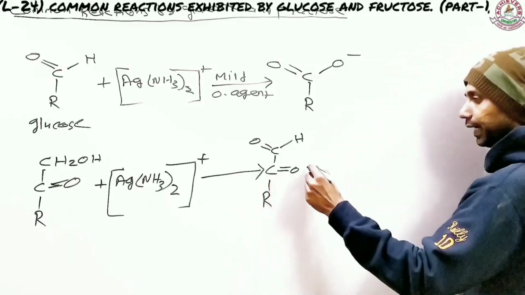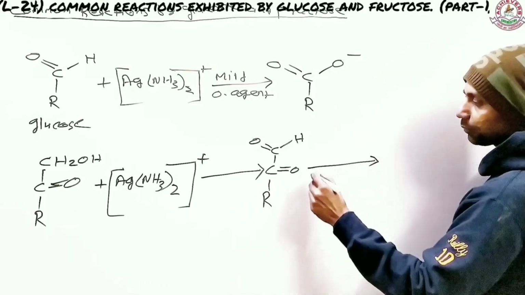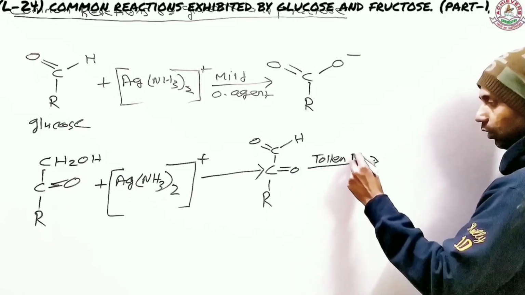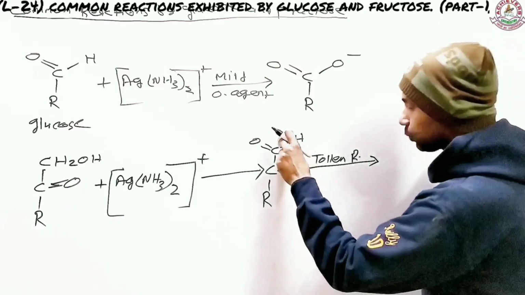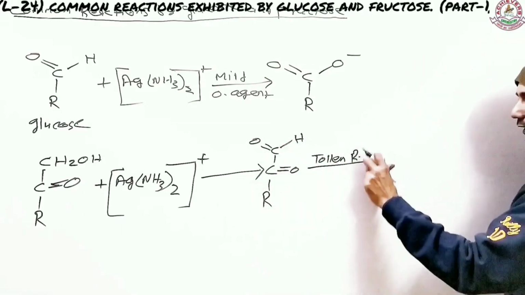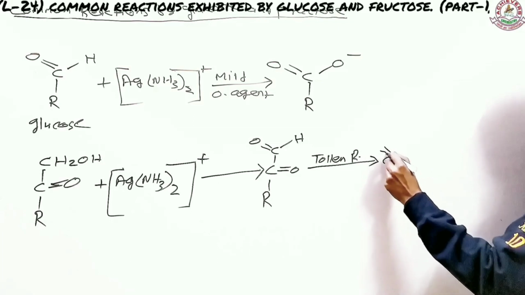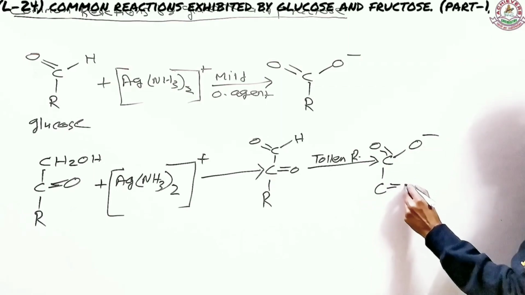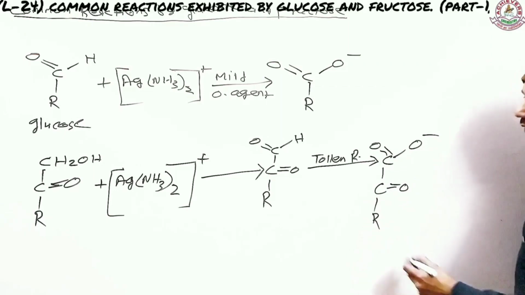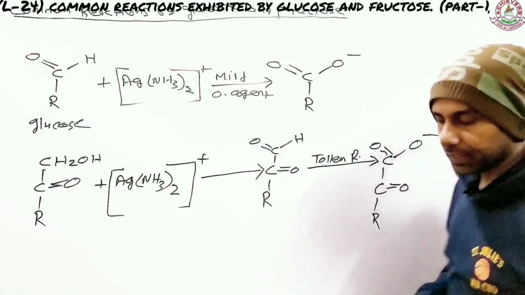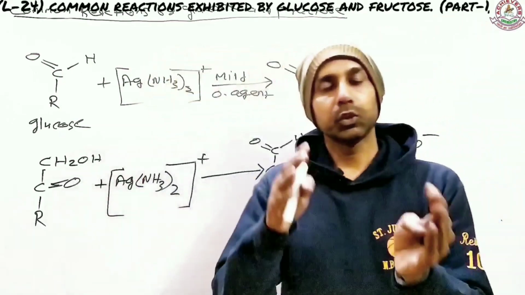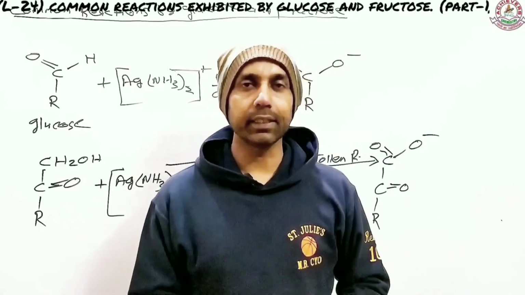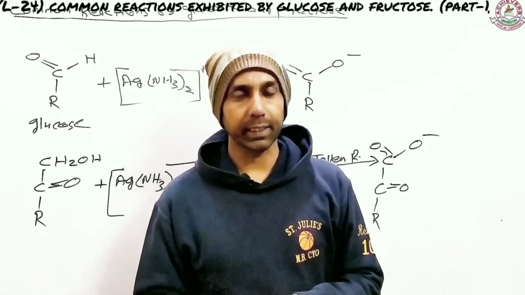There is no change taking place, and the rest of the thing I'm placing as R. Now this again reacts with the Tollens reagent, and this one converts into a carboxylate, C double bond O with the negative. Down here you have the ketone. There is nothing changing here. So what that means is that in glucose, the first carbon is in the form of an aldehyde, so when it reacts with Tollens reagent, it directly converts into a carboxylate anion.